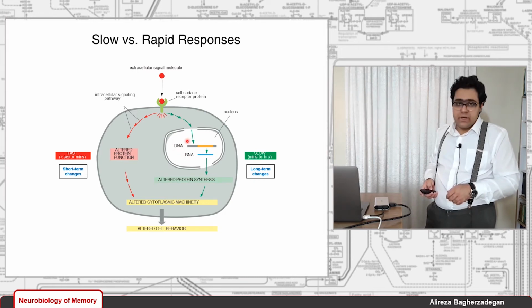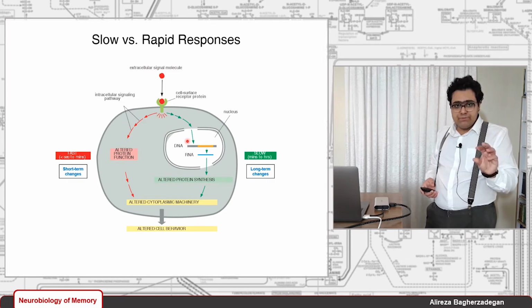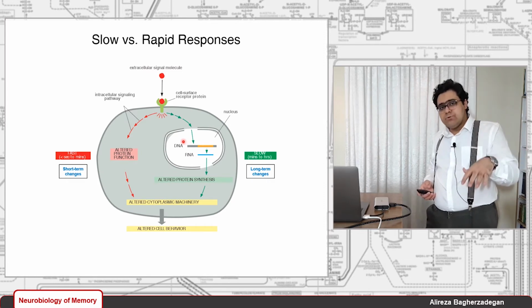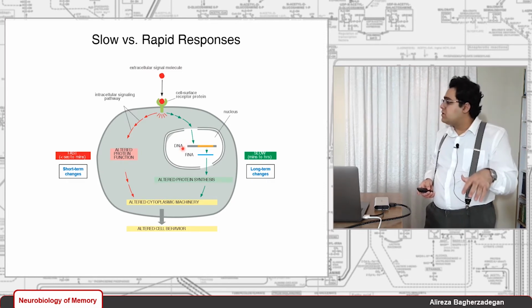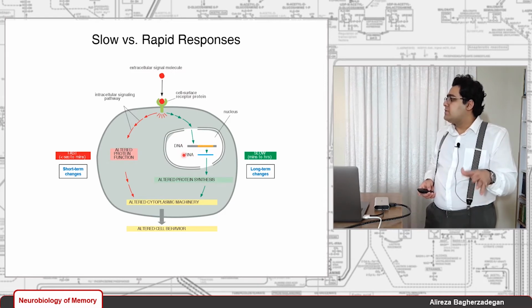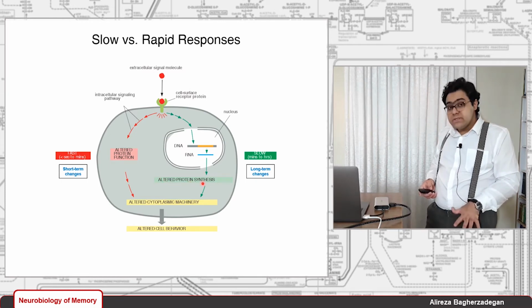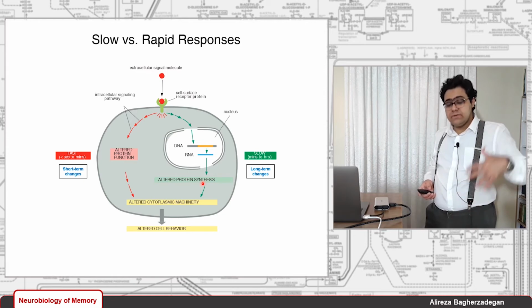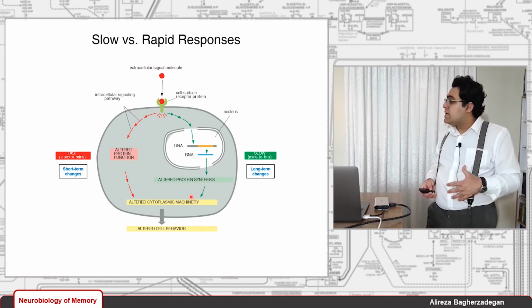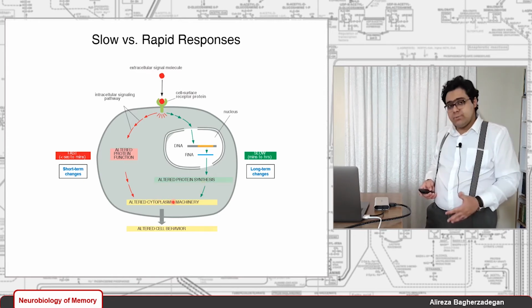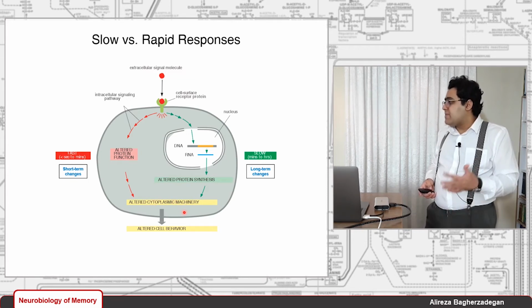They need to activate some transcription factors. They need to recruit some transcription machinery to the DNA. They need to synthesize RNA. The RNA should get out of the nucleus. And here we have altered protein synthesis. And the protein synthesis itself takes time. And then we have altered cytoplasmic machinery. And then we have the cell's response.